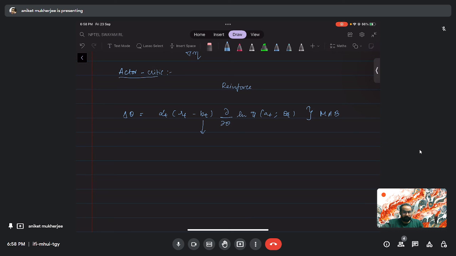Average reward over the trajectory? Once you're given a trajectory, there's no average reward. When you have average reward, it's the value of the state. So the value of the state starting from s, to some state T or infinity.